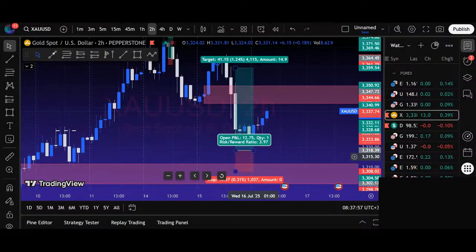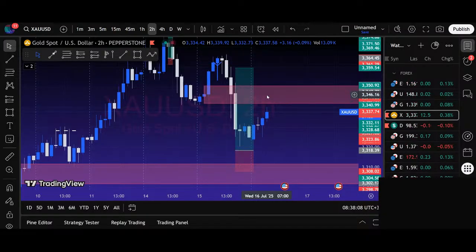Liquidity resting above or below entry. If long, liquidity rests above 33.40, above there is liquidity. Stops of sellers' shorts, a break could trigger a squeeze. Even if you buy, just know price will go up to 33.40.